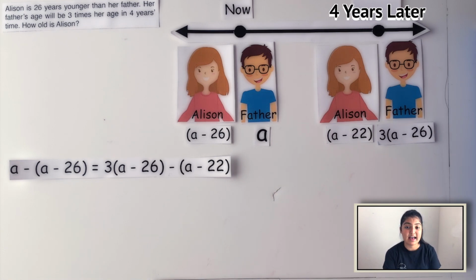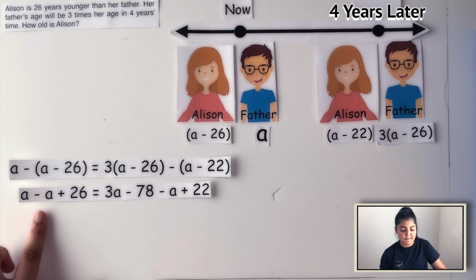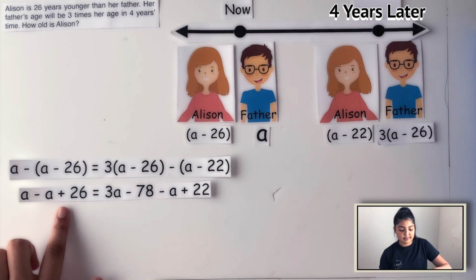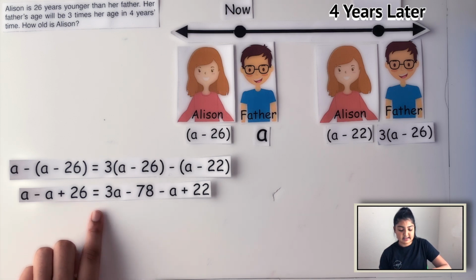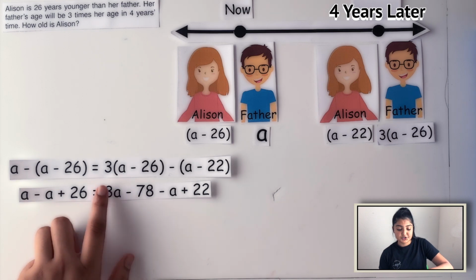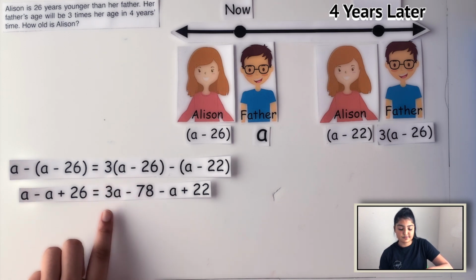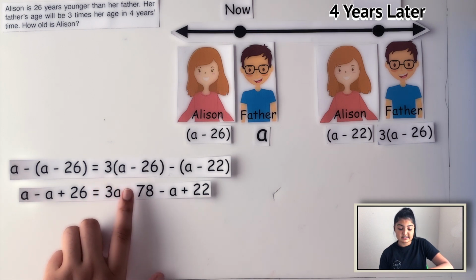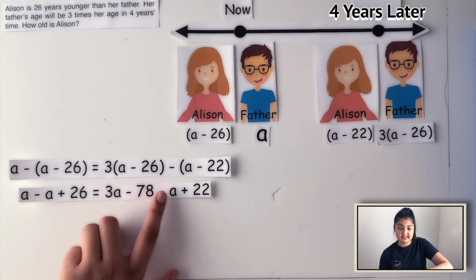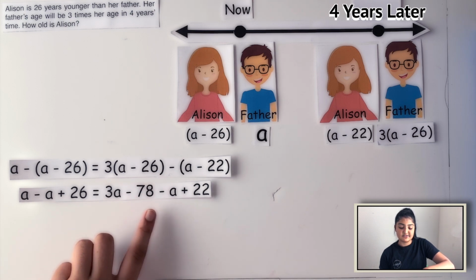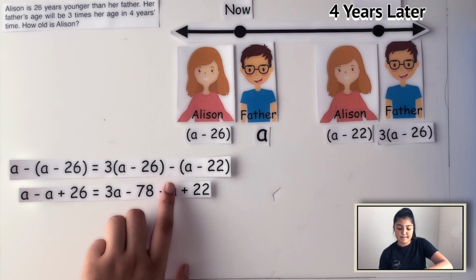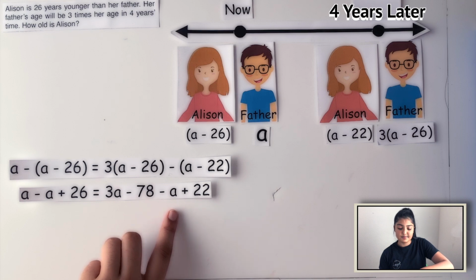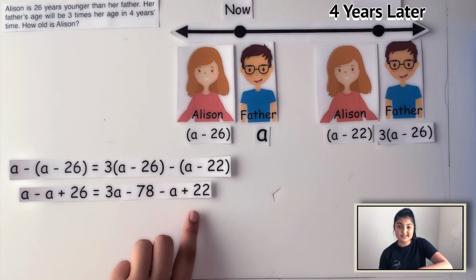So let's go ahead and solve this by first opening the parentheses. A minus A plus 26 is equal to 3 times A, 3A, and 3 times negative 26, which is negative 78, minus A plus 22.